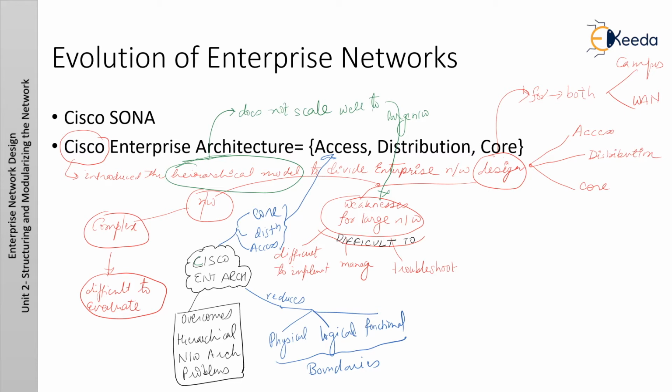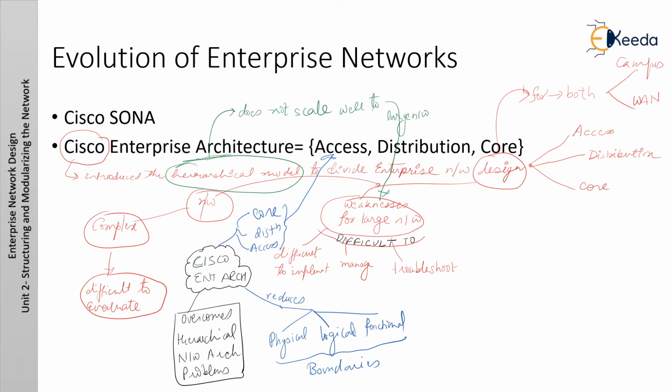Cisco introduced the hierarchical model to divide the enterprise network design separately for both campus and wide area networks into the access, distribution, and core layers. The solution has several weaknesses, especially for large networks, which are difficult to implement, manage, and particularly troubleshoot.